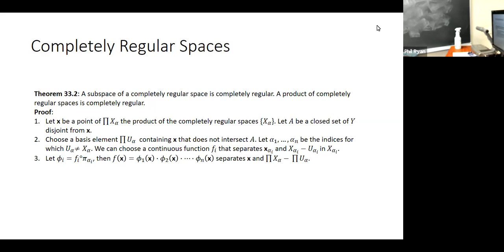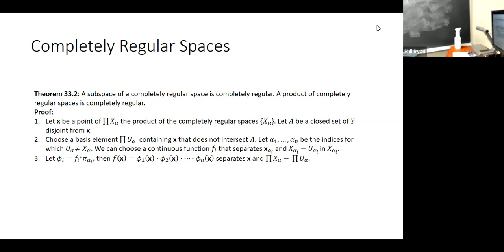Now we use the fact that the spaces are completely regular. For each i, we can find a continuous function f i that separates the element at alpha i from X alpha i minus U alpha i, right?